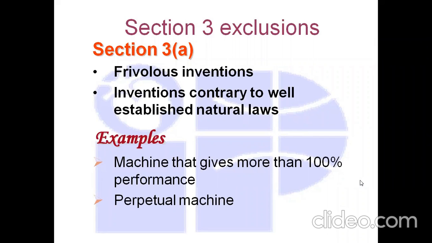That is not a right sentence, and we cannot say any machine gives 100% performance. Also, a perpetual motion machine cannot be patented. This is the exclusion from patent, right? You know about them.